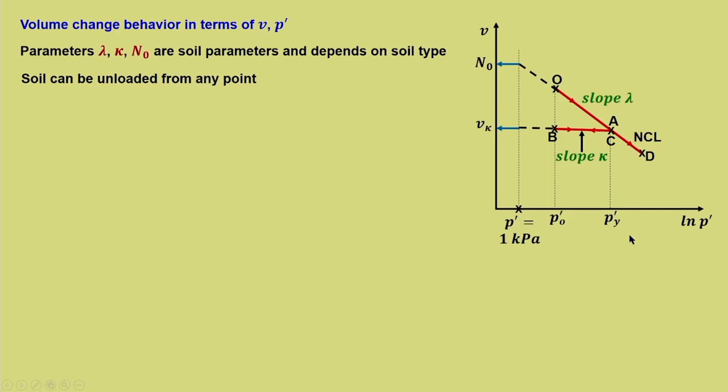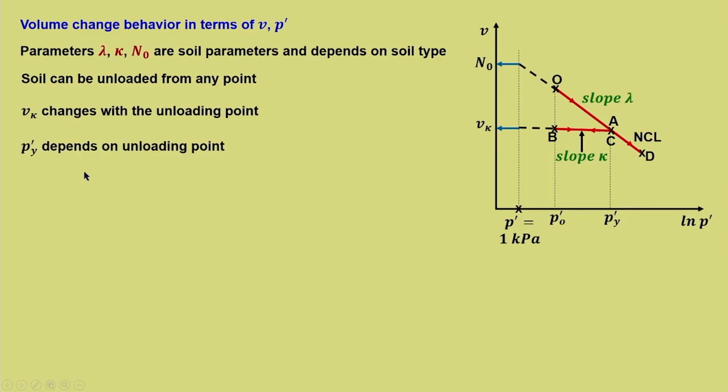Accordingly, the yield stress would change. So, V kappa changes with the unloading point. Since it has been unloaded from point A, V kappa is this, but if it is unloaded from here, V kappa would change. So, V kappa cannot be considered a fundamental parameter. Even P dash y will depend on the unloading point. If it is unloaded from here, this becomes the yield point or the yield stress.